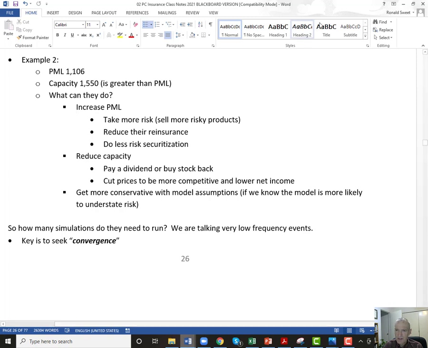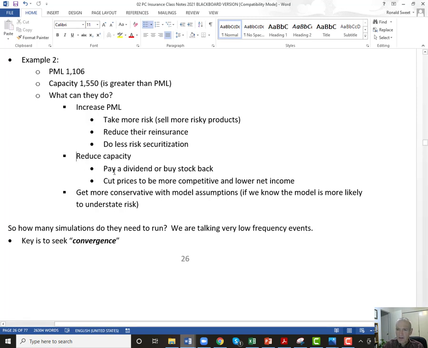Risk securitization is expensive. So maybe you cut back on those and save some money because they're only going to protect you in a real extreme event. And if you have plenty of capacity, maybe you keep that, and over the next 10, 15, 20 years, you actually come out way ahead by not spending money on reinsurance to cover risks that are pretty unlikely to happen in the next 20 years.